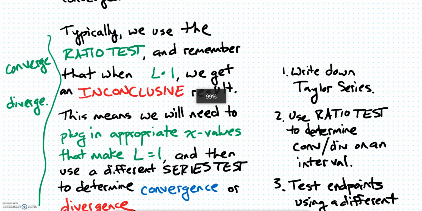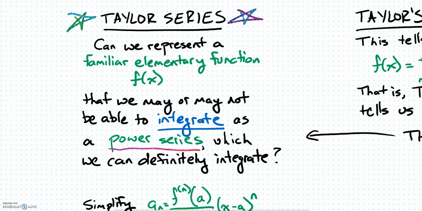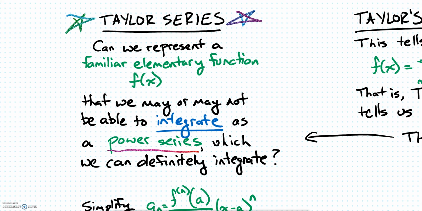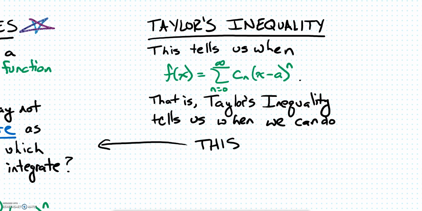But then there's still going to be this big open question that may or may not seem evident to you. One of the big questions that comes up is, when can we do this and why can we do this? And one of the big answers is Taylor's inequality. Now, a lot of the reason that I want to make this video is because when you're going through, there's going to be a lot of theoretical denseness.